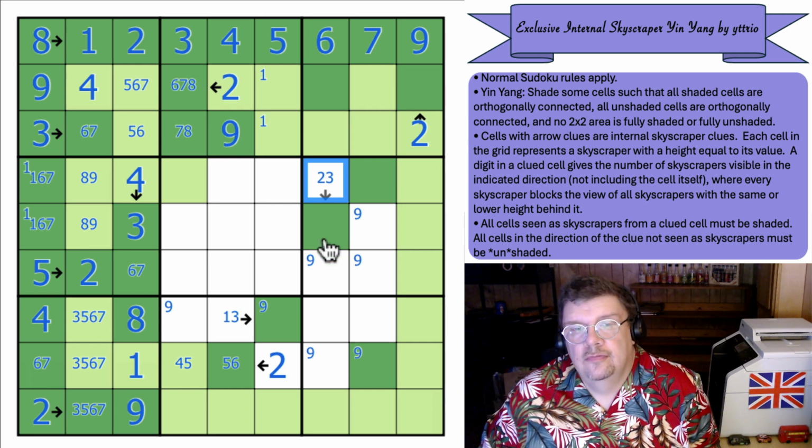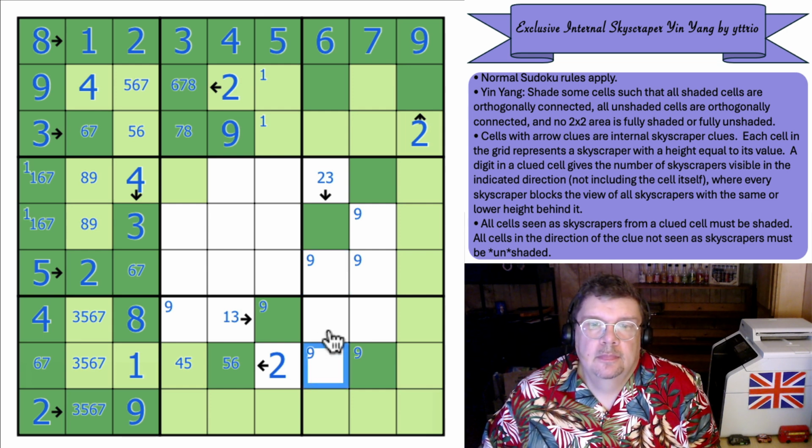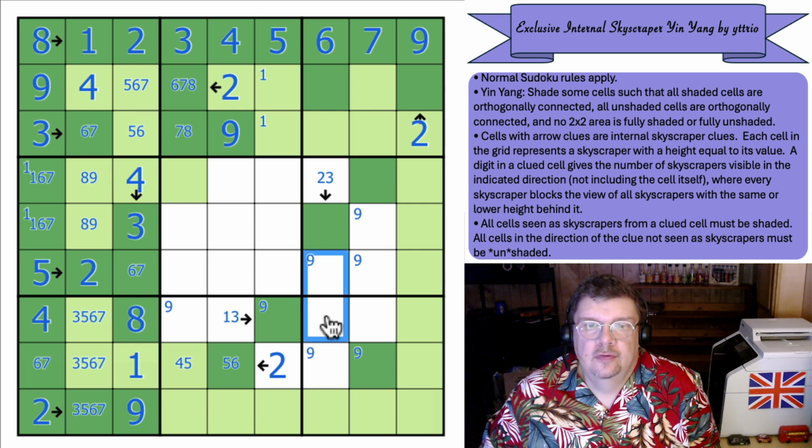So that's 2 or 3. If it's 2, the 9 could be there or there, with unshadedness in between. That would mean that that's unshaded. If this is a 3, the 9 would have to be there, and then one of those would be shaded.